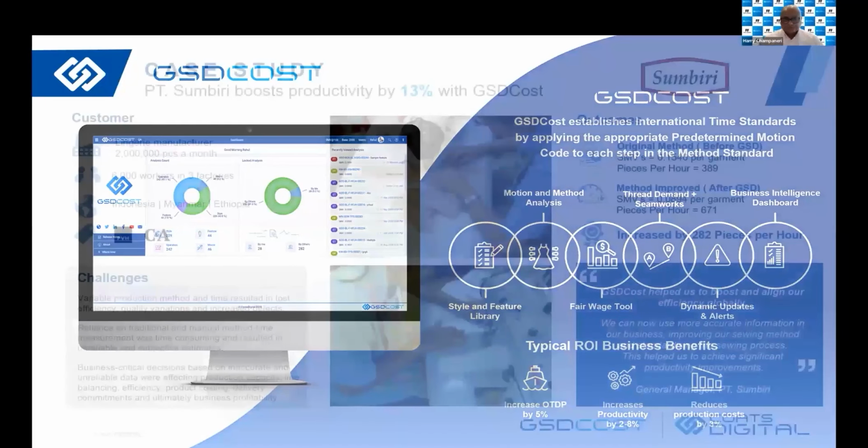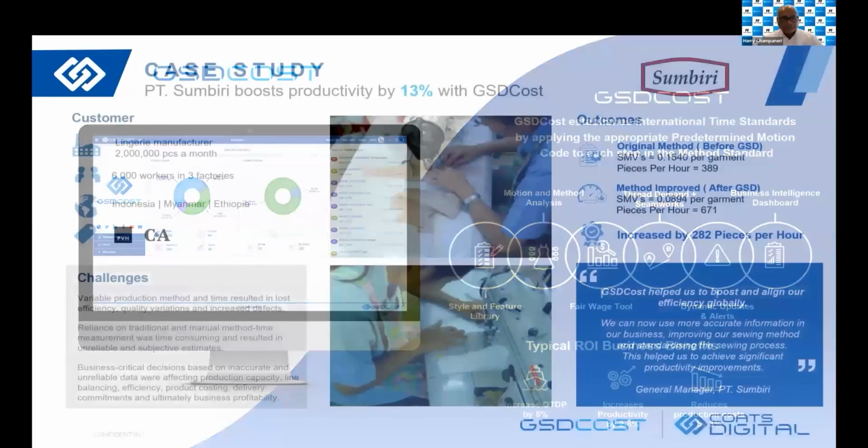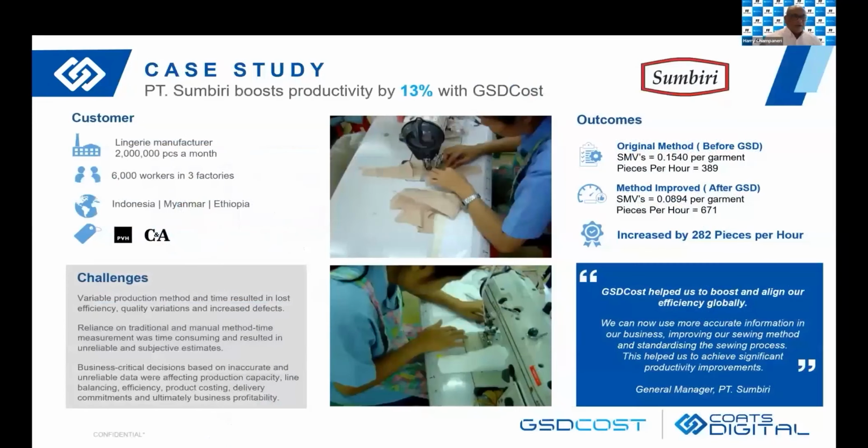Here is a case study from PT Summerbury that we did for the implementation of GSDCost, and it predicts a cost productivity improvement of 13% when we implemented GSD there.